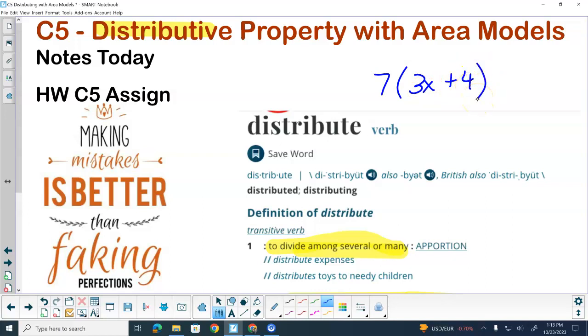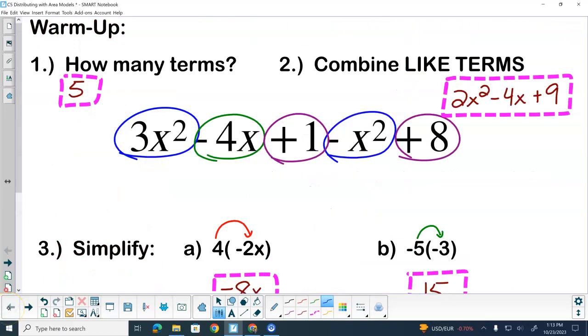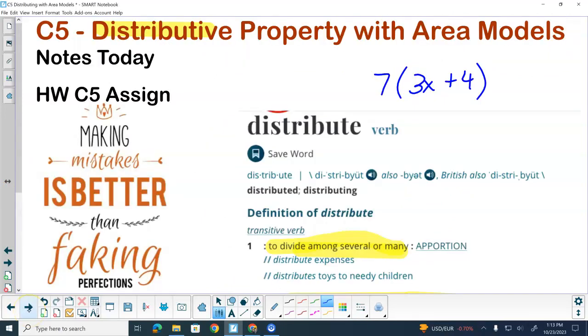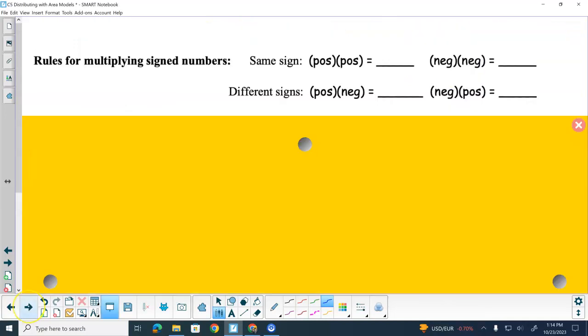Okay? So it's going to look like those problems that we just did down here in the warm-up. But what we're multiplying into has more than one term in it. So because it's got more than one term in it, we have to do something a little bit different. Okay? So let's get into it.